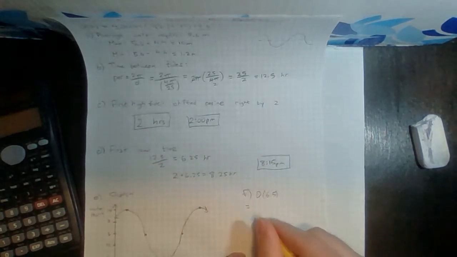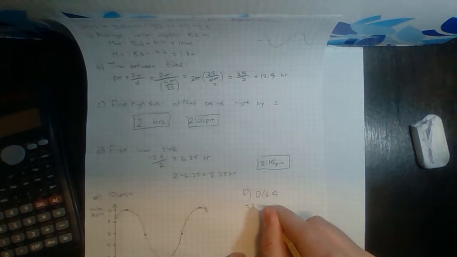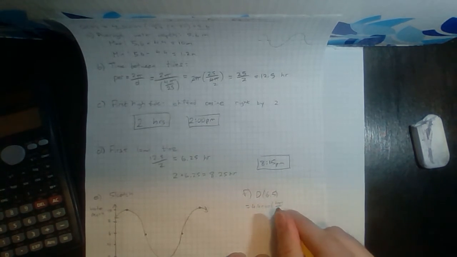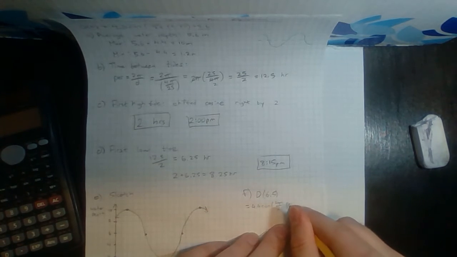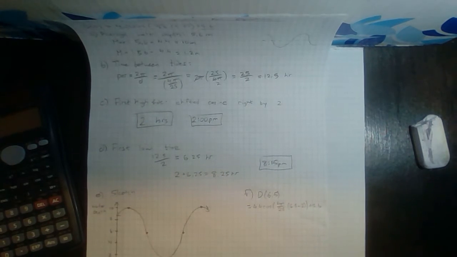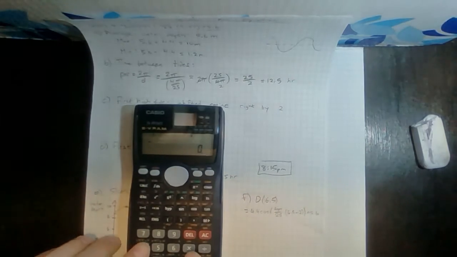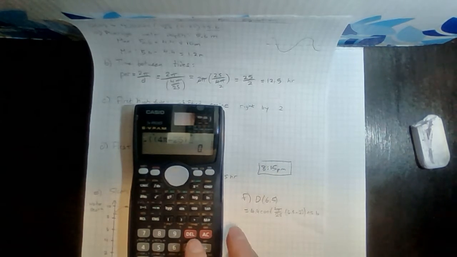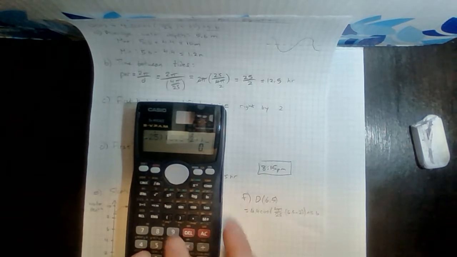We're going to plug 6.5 into our equation. So 4.4 cos of 4 pi over 25 times 6.5 minus 2, plus 5.6.